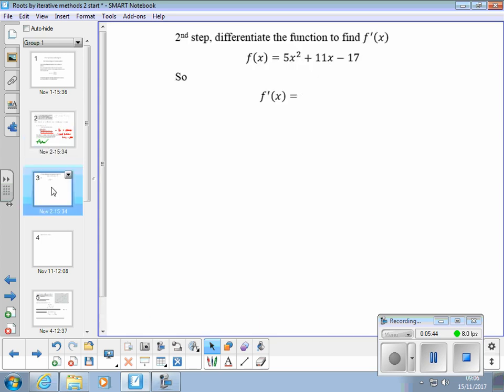Okay. Then the second step is to differentiate. So what you need now is your table of standard differentials, and differentiate the function 5x squared plus 11x minus 17. Right guys, first differential then. How do we differentiate?